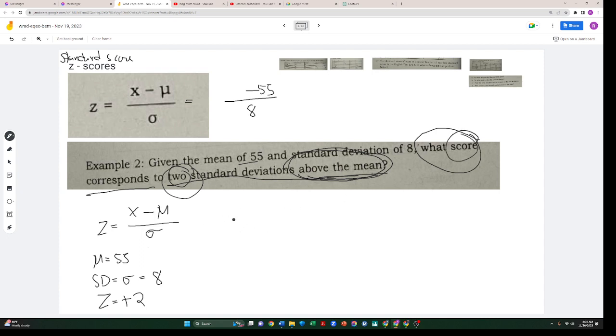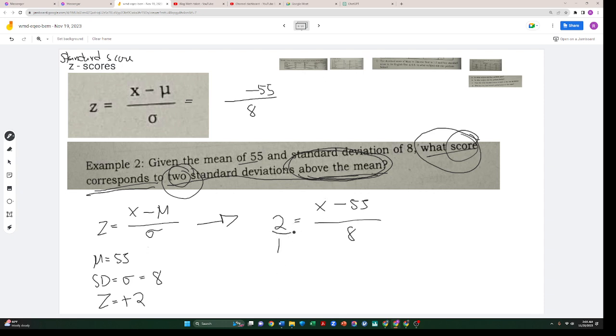Okay, let's substitute this. We have positive 2 is equal to x, which is our unknown, minus the mean 55, over the standard deviation 8. To solve this is easy. First, you are going to cross multiply.